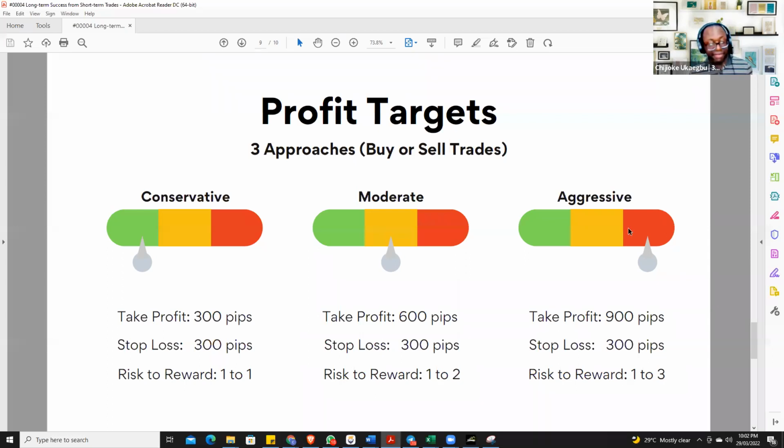And then there is the aggressive style where your take profit is 900 pips away and your stop loss is 300 pips away. Notice that in every case, your stop loss is 300 pips away. So this is a simple way for you to get started.